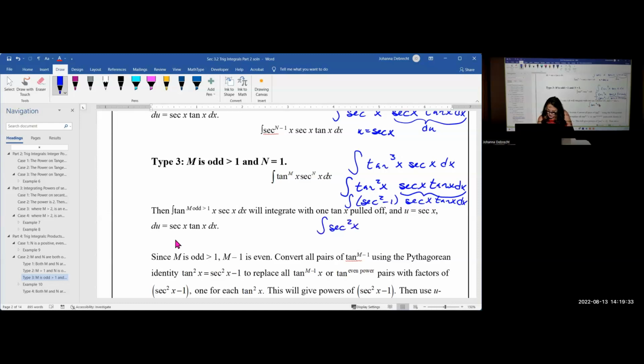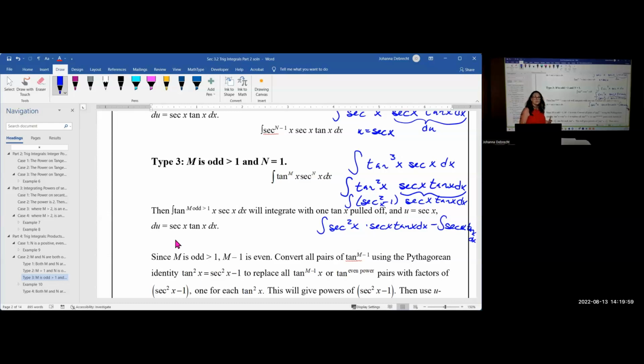Secant squared of x times secant x tangent x dx, minus the integral of secant x tangent of x, which integrates, right? That's just secant of x. And the first one becomes a u substitution where u is secant of x and this is du. So again, it will go ahead and integrate pretty easily.